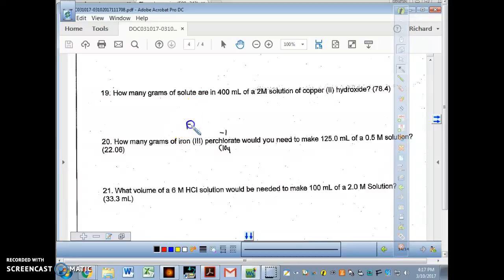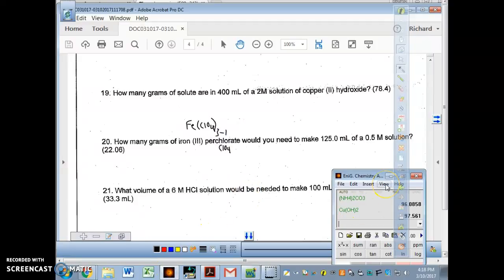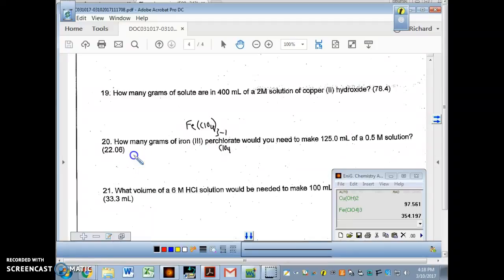So we're going to be Fe(ClO4) 3 times. Save a little time, we'll just type that in. And that's a nice hefty 354.2 grams per mole. So we're going to do that same methodology.